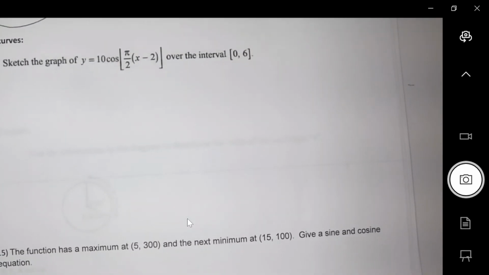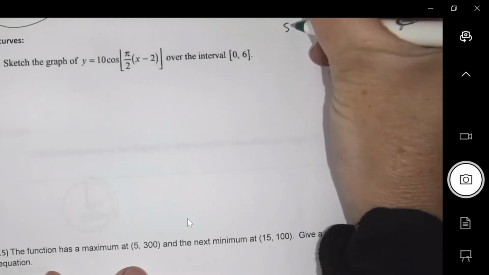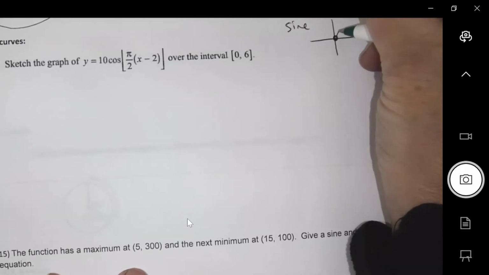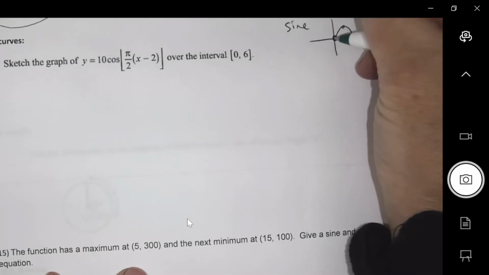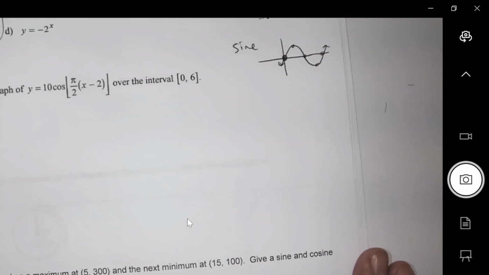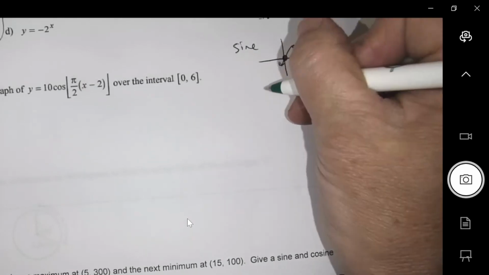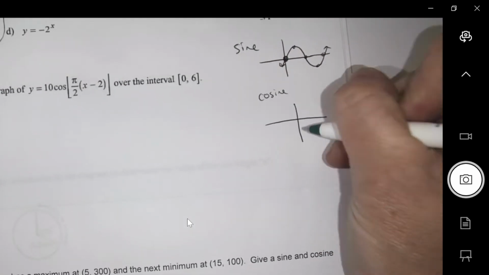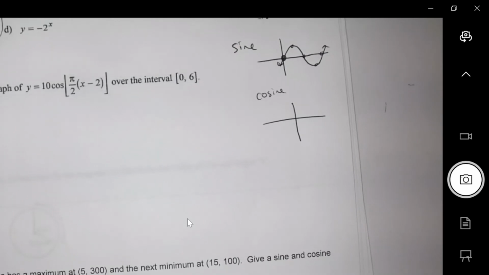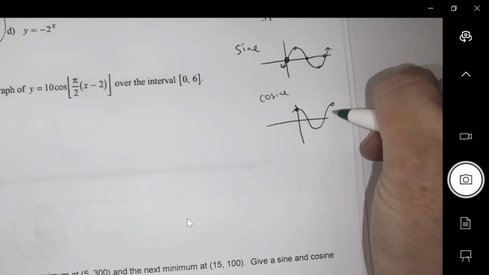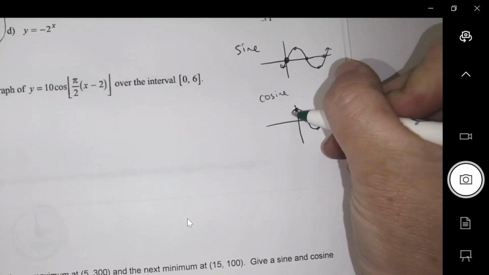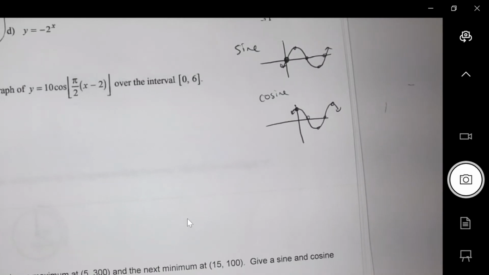Sketch this graph. Do you remember what sine looks like and cosine looks like? I remember. Sine. What's different about how cosine looks? Starts on the top. I remember that I just like didn't want to do this test, so I went back like a week.